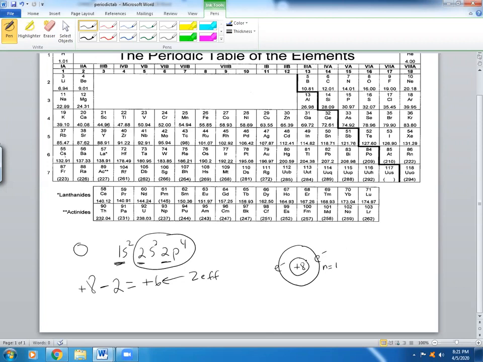But the ones on the outside, the second energy level, has 6 in it. What do they experience? They experience 8 minus 2, and these are the plus 2.